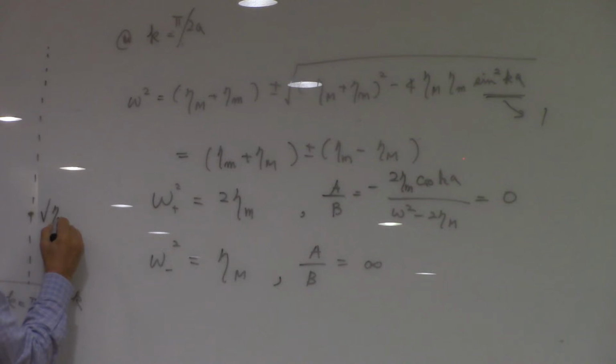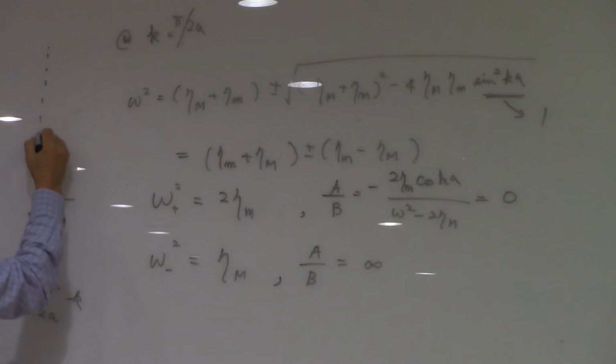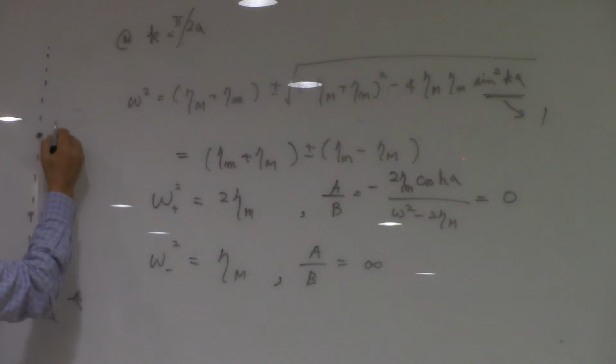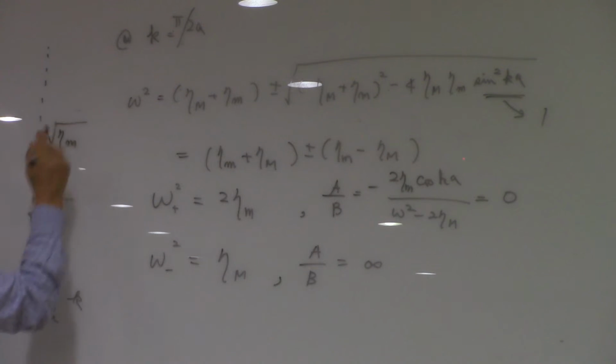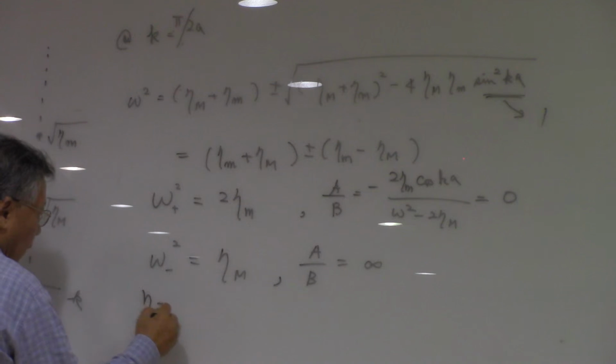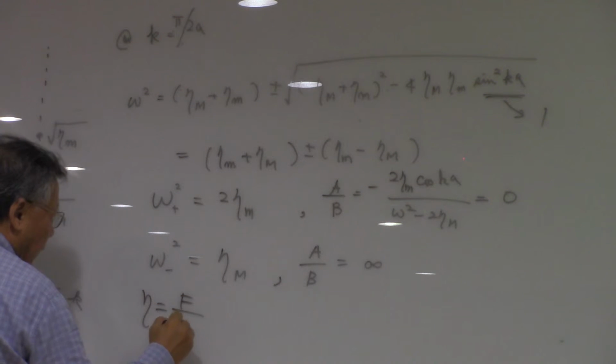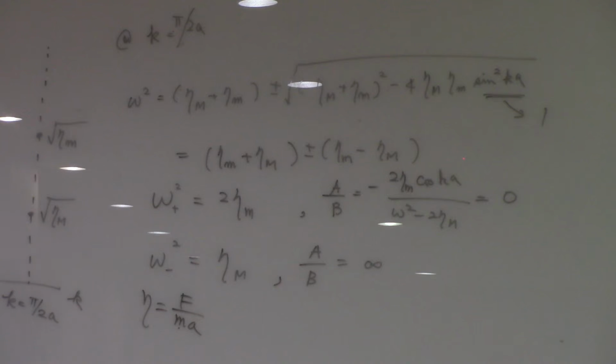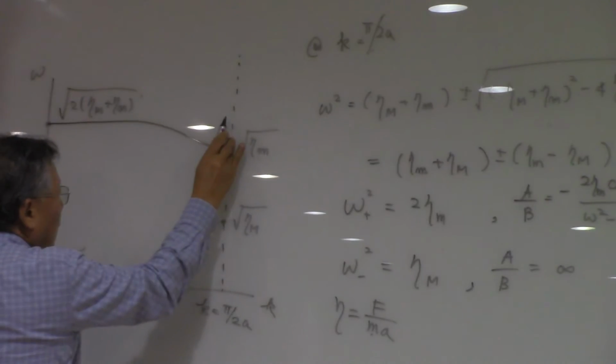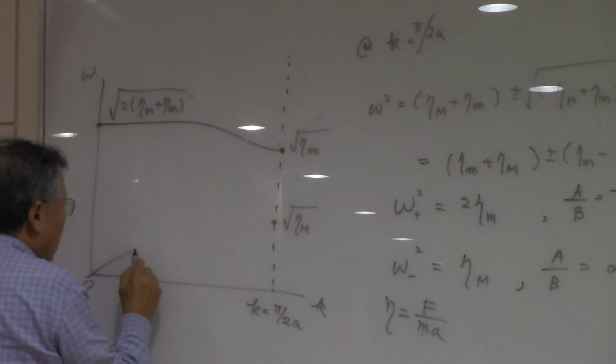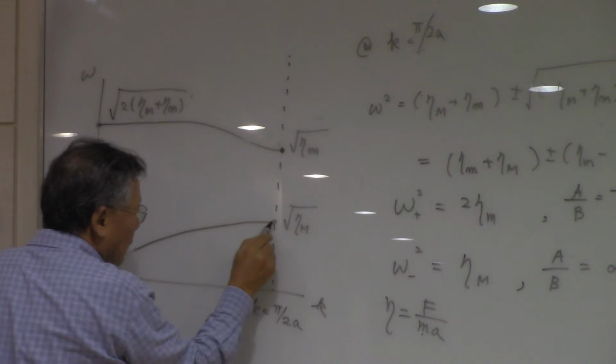So square root of M, okay? And then let's say here, that is the square root of m. Since eta is f over ma, small mass, it's going to be a large number. So this is going to be related to something like this, and then this is just going to go something like this.